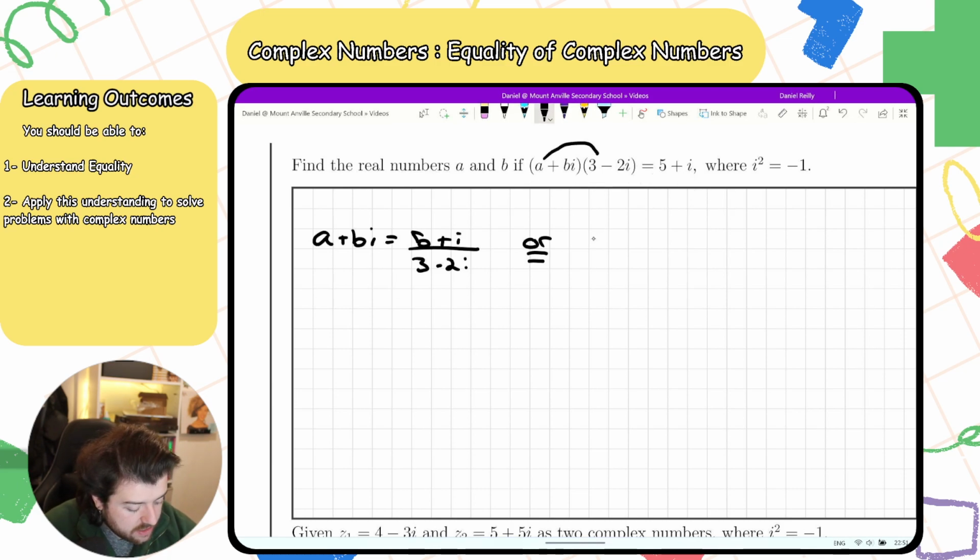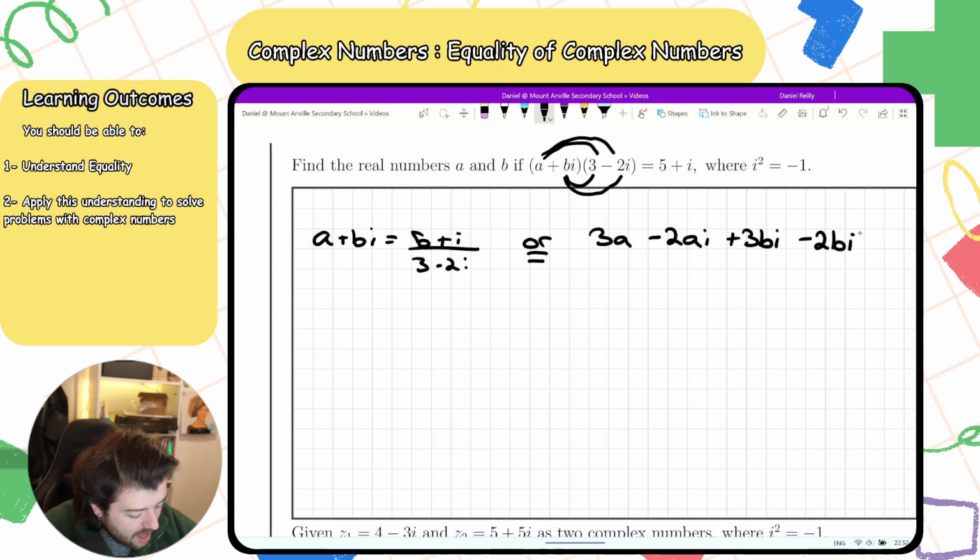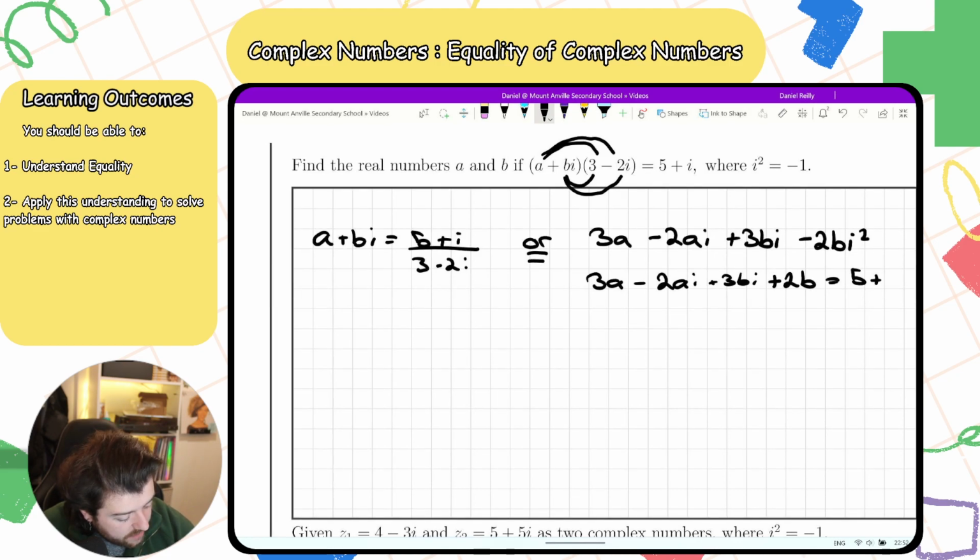So a times 3 is 3a. a times minus 2i is minus 2ai. bi times 3 is plus 3bi. bi times minus 2i is going to be minus 2bi squared. So 3a minus 2ai plus 3bi is going to be minus 2b times minus 1, which is plus 2b. And that is equal to 5 plus i.